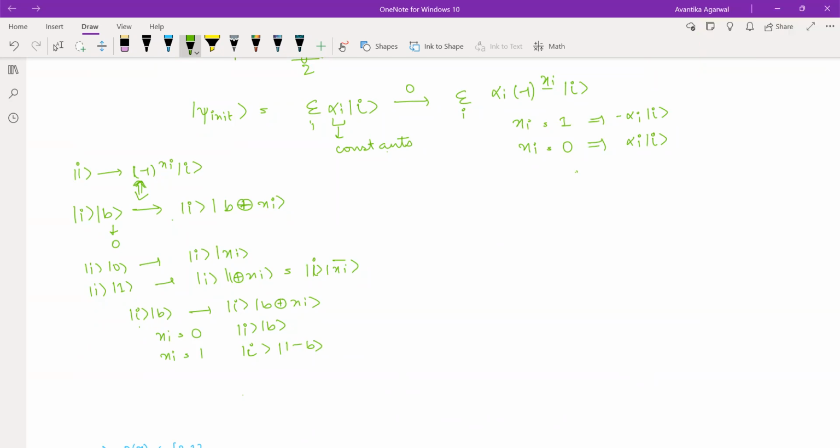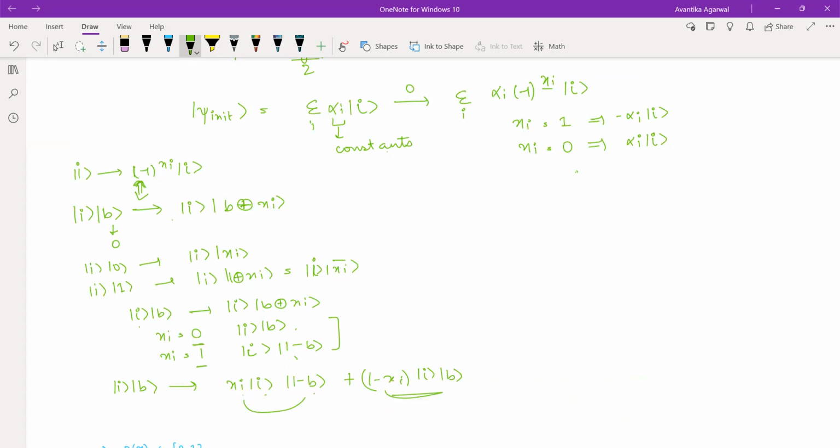So once we see this, it is not very hard to see that if I'm making this IB query, then in general I can write my output as Xi times I tensor 1 minus B, plus 1 minus Xi times I tensor B. Why is this correct? Suppose Xi is 0, then this part is 0, and basically I am getting IB, which should be the output. And suppose Xi is 1, then this part becomes 0, and I am getting I, 1 minus B as output, which I should be getting.